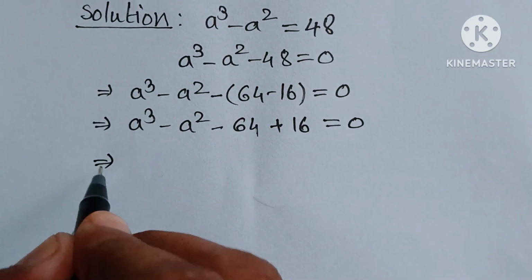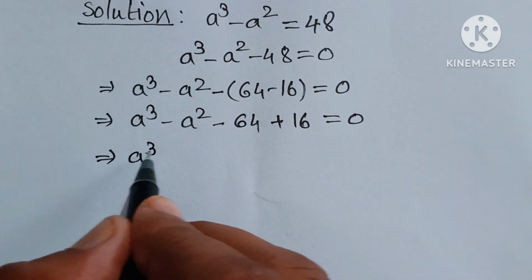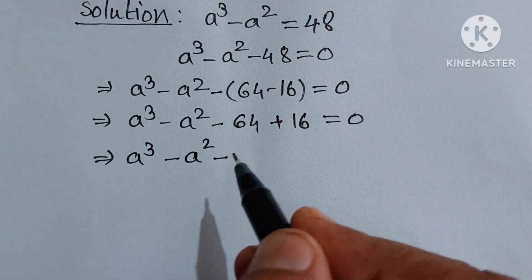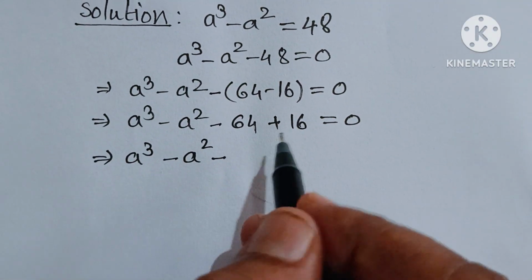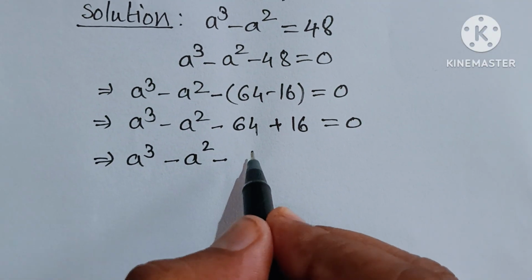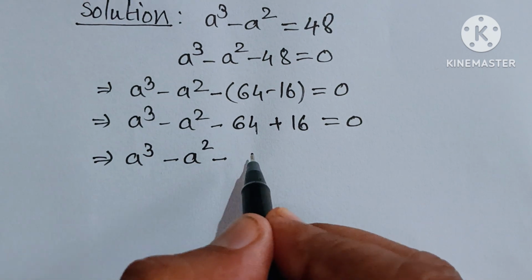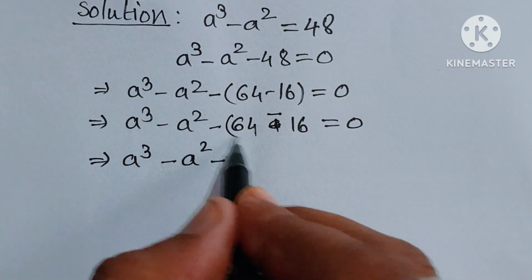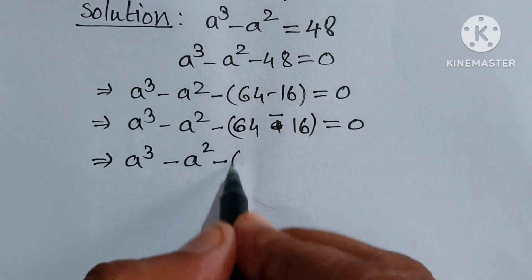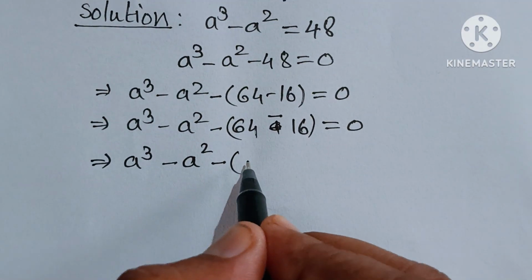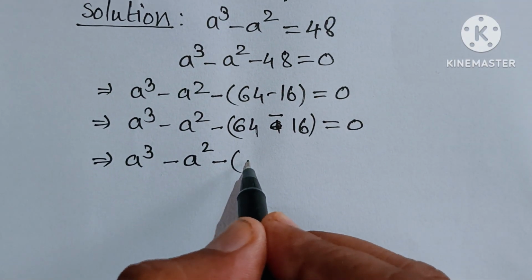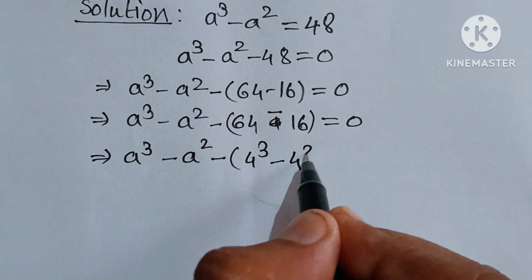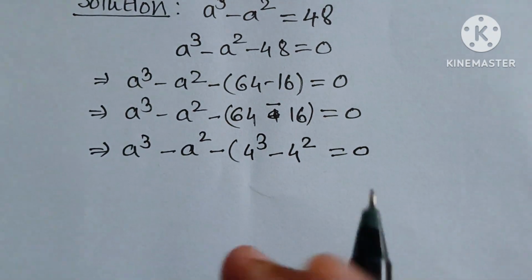Now a³ − a² − here we write a minus sign, like that we will keep it in bracket: 64 is 4³, 16 is 4², equal to 0.